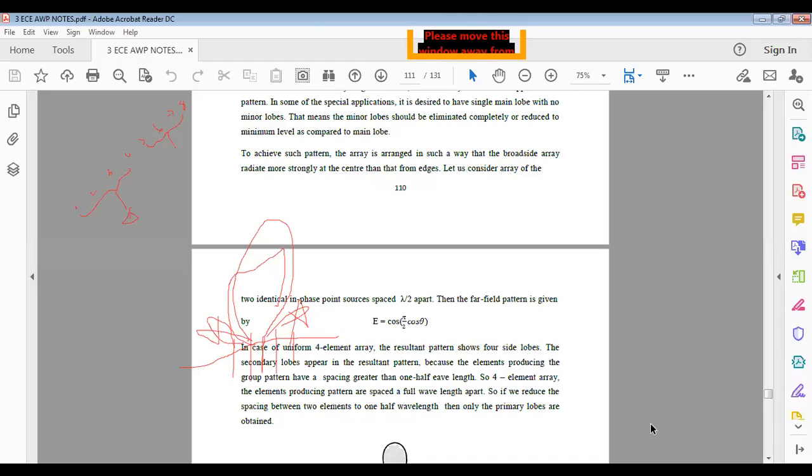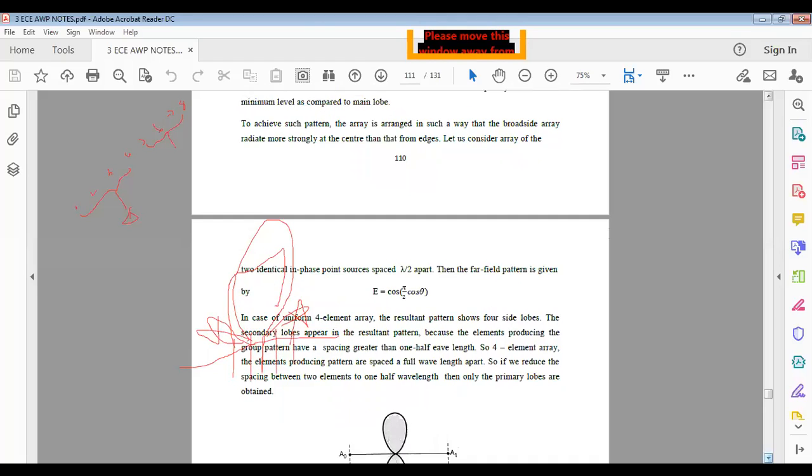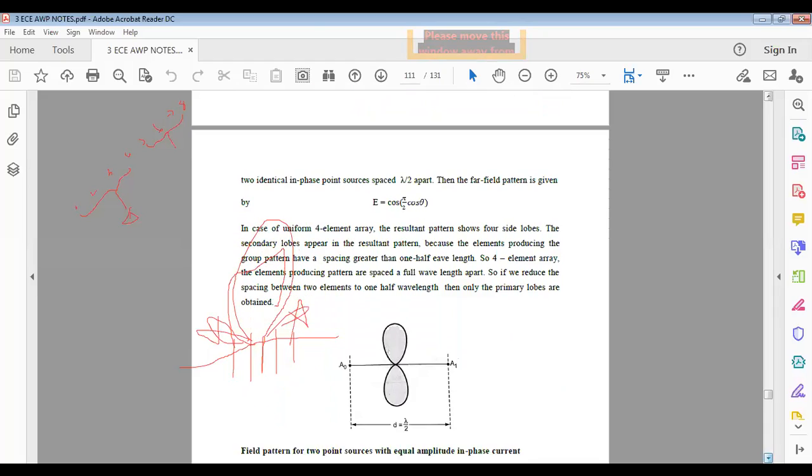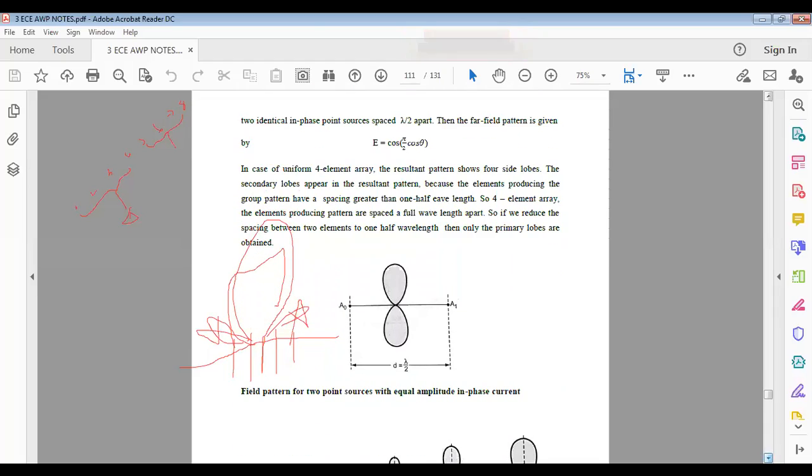It has four side lobes. See here, it contains two main lobes like this, and another two from 0 to 180 degrees, and two on both sides. In case of a uniform four element array, the resultant radiation pattern shows four side lobes.